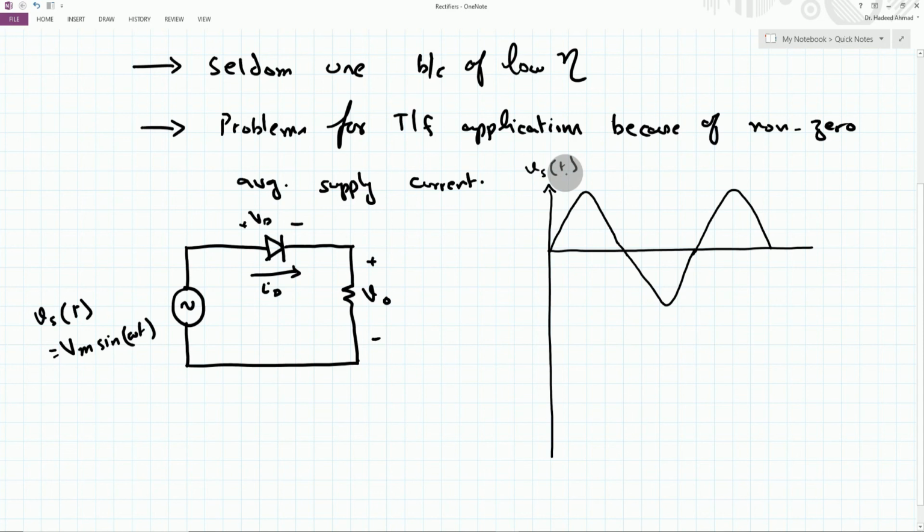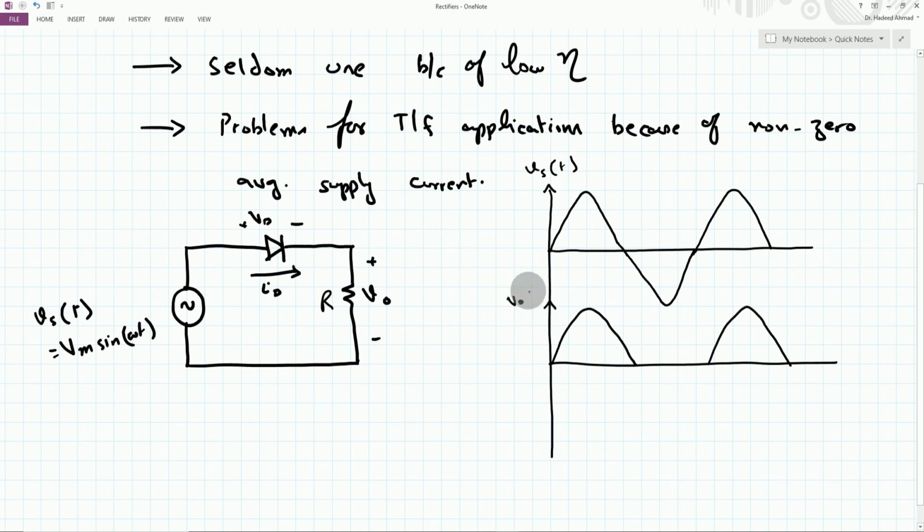Then for each positive half cycle, we shall have the output voltage available across this resistance R, and the output current shall only flow when this diode is in the forward bias condition. So in this arrangement, the output voltage is quite simple. We shall only be having this at the output without any negative portion here.